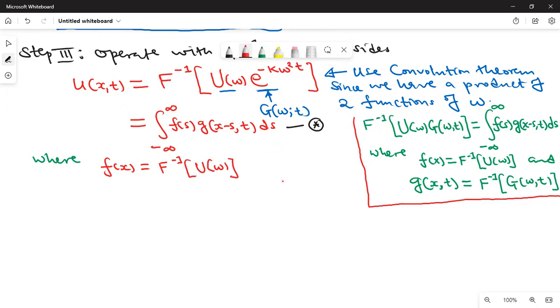And g of xt is equal to F inverse of the other function. Look at this one, exponential negative k omega squared t.